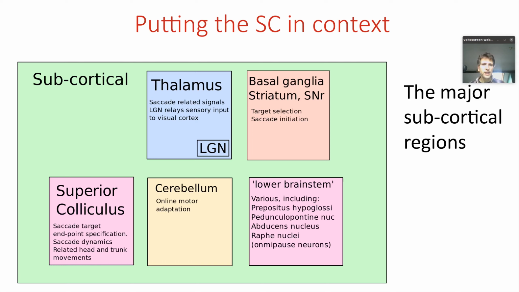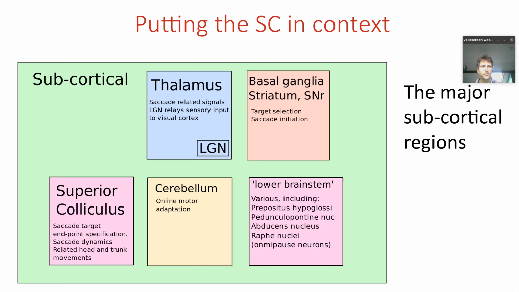So let's put the colliculus into context. These are the main subcortical regions involved in saccadic eye movement. So obviously the colliculus is there. It's involved in target endpoint specification, as we've discussed. It is involved in the dynamics of the saccade, it would appear, from the Goossens and Van Opstal paper that we looked at in detail.